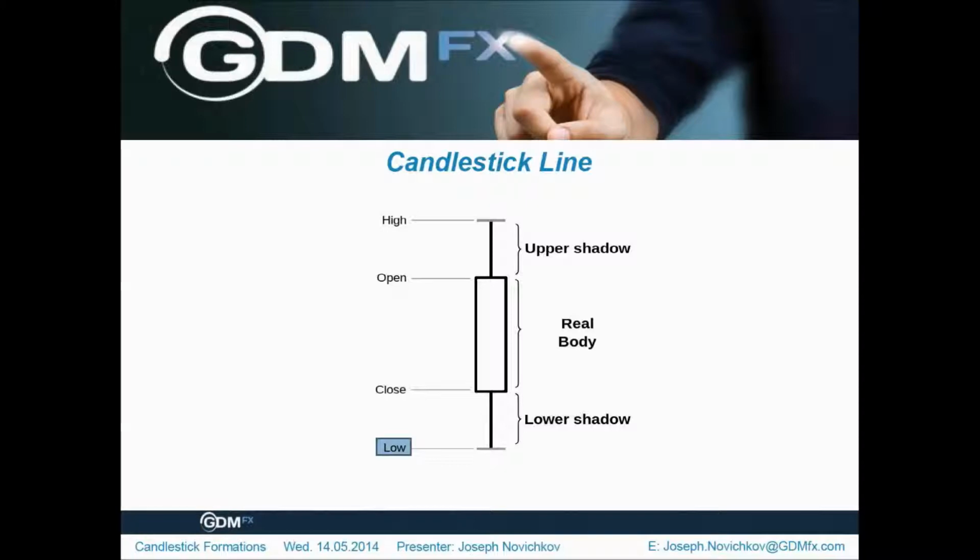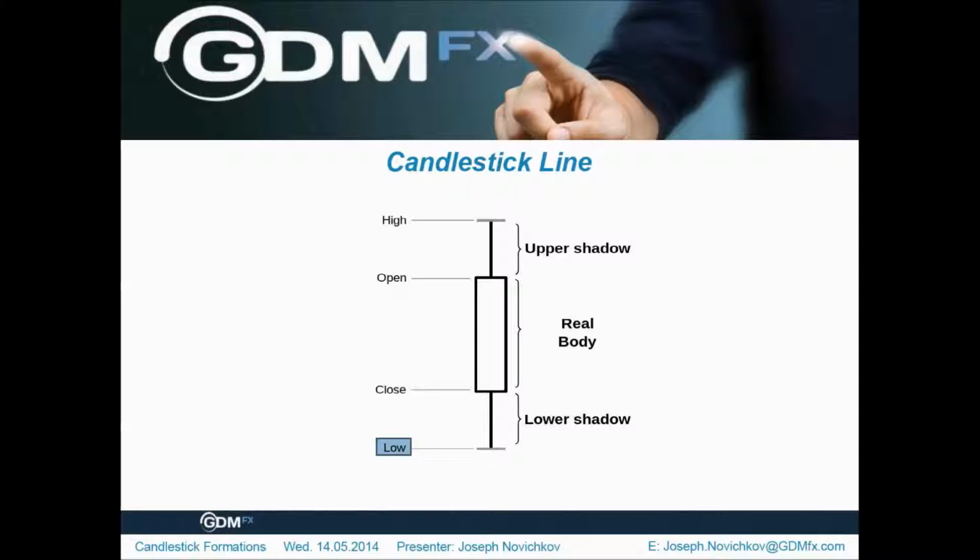It actually depends on how you prefer to see it. So the opening price is at the bottom of the real body, and the closing price is at the top of the real body.